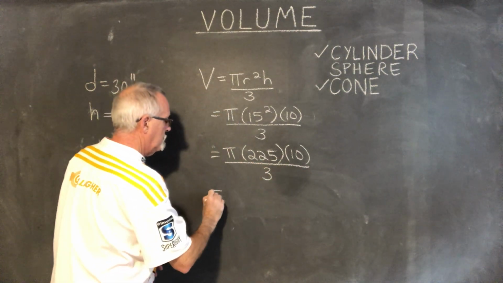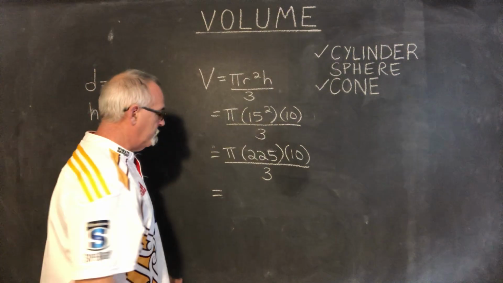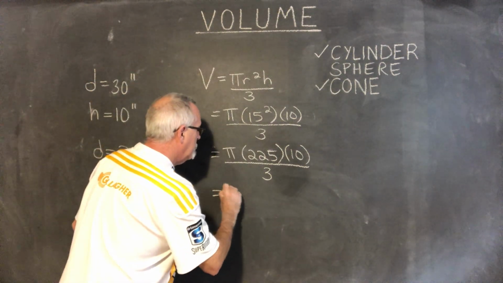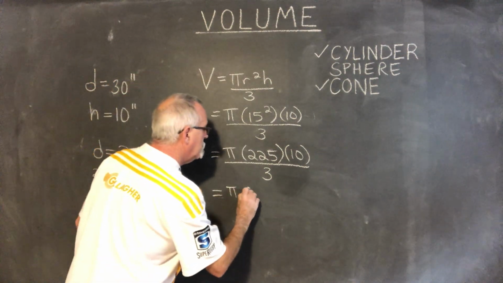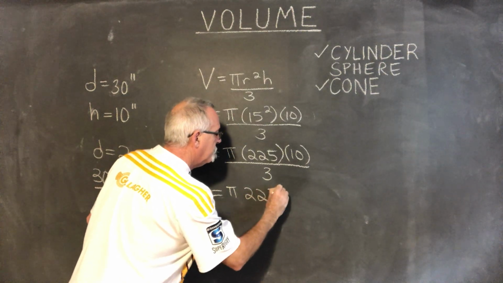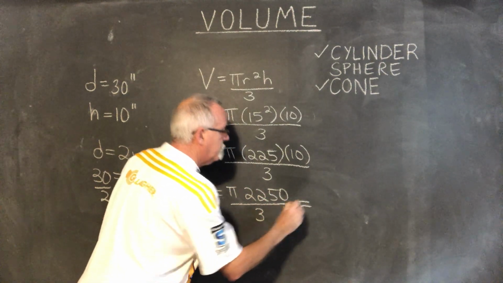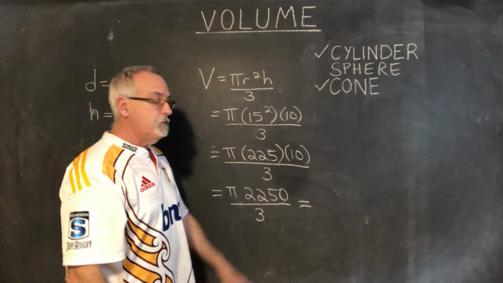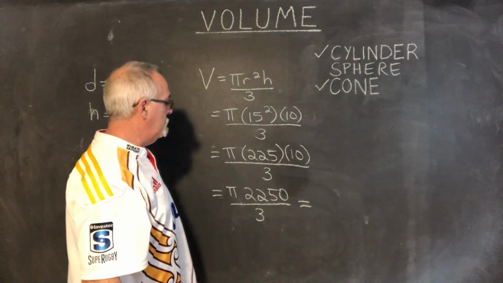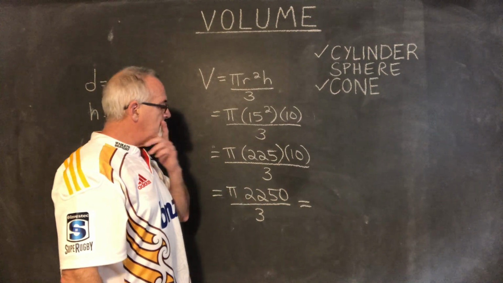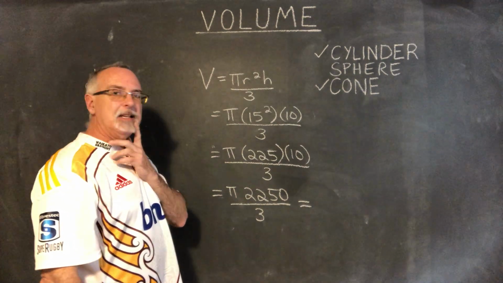3 equals, I'm writing large, I'm going to run out of room. Pi, 225 times 10 is going to be 2250. But I still have to divide by 3. I'm going to go in this direction now because we all know that my handwriting becomes very messy when I get too low on the chalkboard wall. Can I do 2250 divided by 3 without getting a decimal?